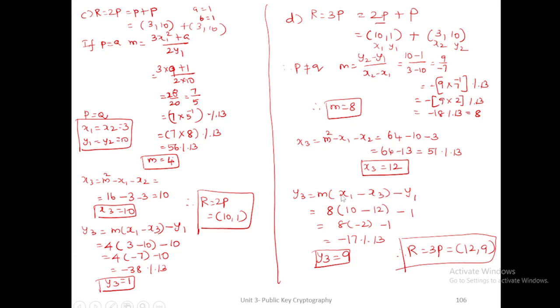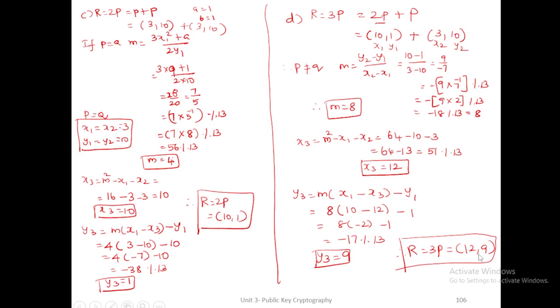So m is 8, x1 is 10, x3 is now calculated as 12, and y1 value is 1. So 8 of minus 2 minus 1 is minus 17. Minus 17 means 2 13s are 26, and 26 minus 17 is 9. So R = 3P, and the 3P point is (12,9).